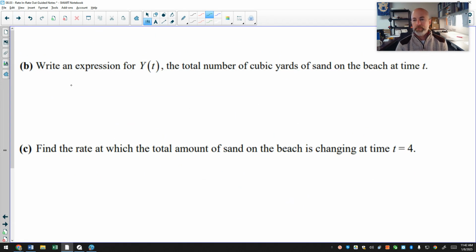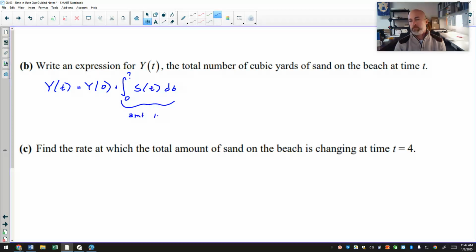And we'll do that in this problem, y of t is your initial amount, y of 0, plus the antiderivative from my initial point in time to some unknown time of my rate in, which was s of t, and that gives me my amount in, minus the antiderivative from 0 to some unknown point in time of r of t, and that is the amount that left, the amount out.